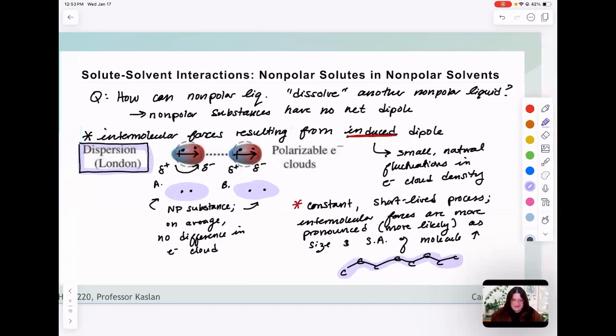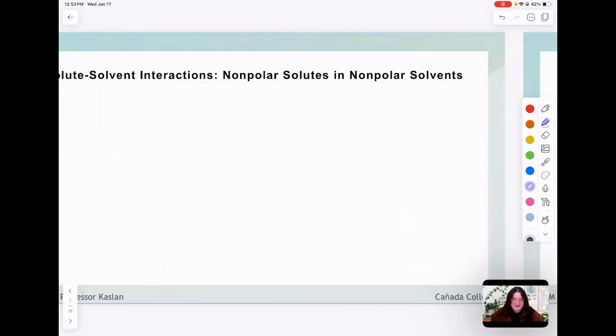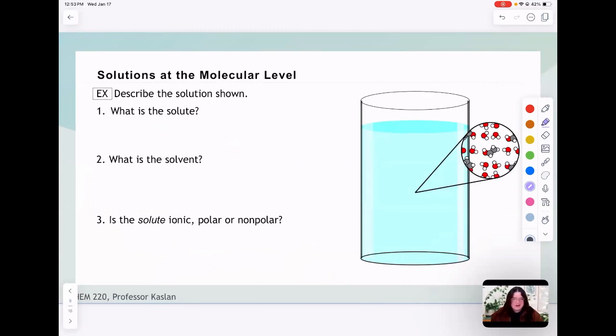All right. This is an extra slide. So what we're going to do is look at a solution at a molecular level, and this is a solution that is aqueous. So let's identify what we're looking at here. This guy here in yellow is H2O.